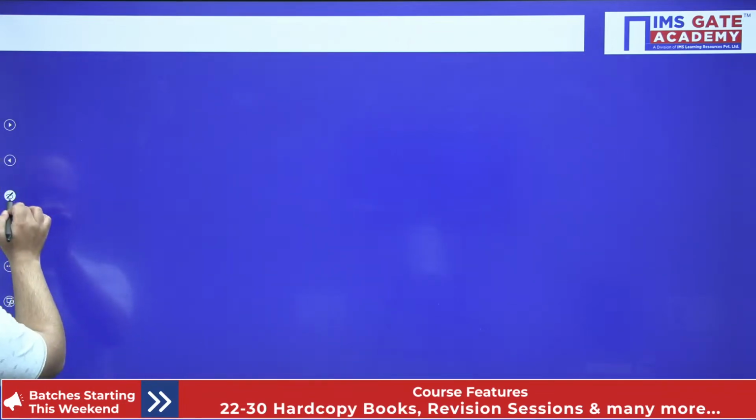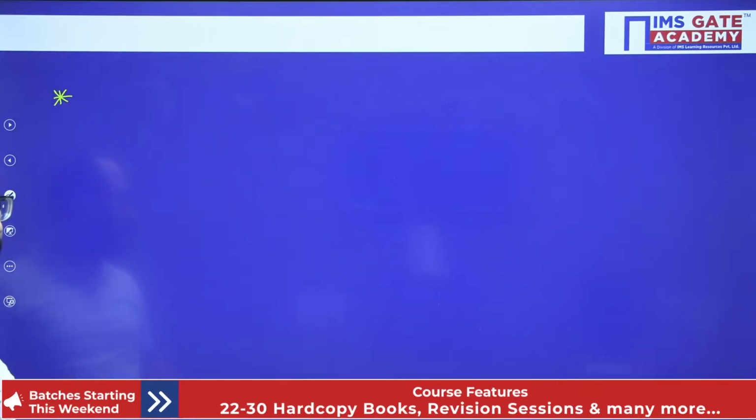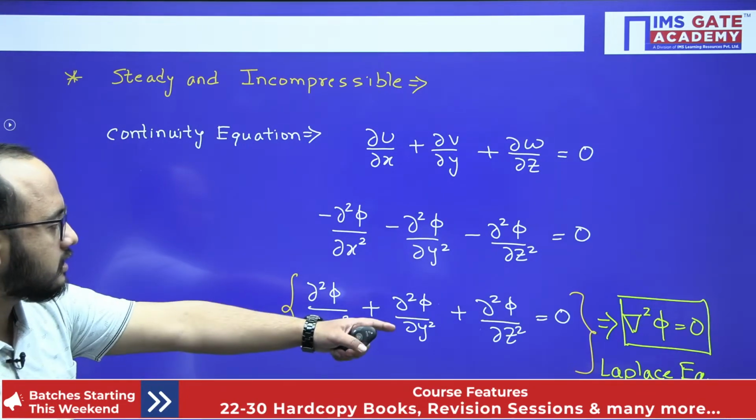Okay, so now we'll summarize all the points here. First point regarding the continuity equation is the Laplace equation.